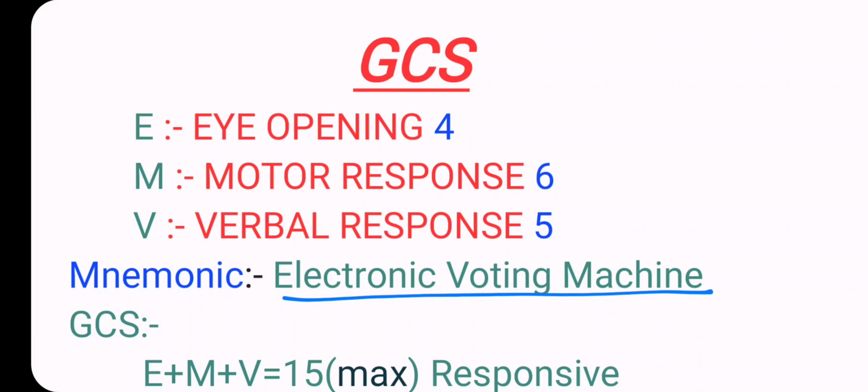E for eye opening having a score of 4. V for verbal response having a score of 5. V in Roman numerals is 5, so easily remember it. And M for machine, that means motor response, having a score of 6.